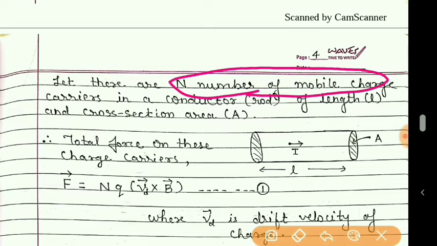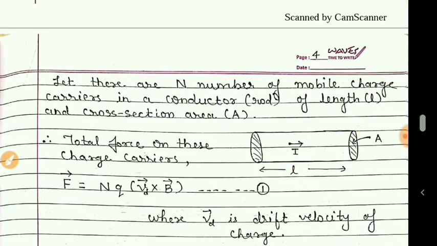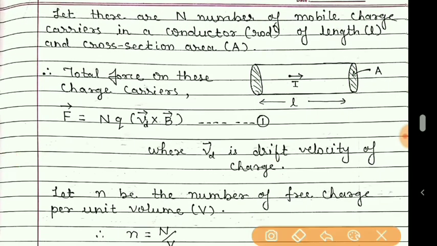We know that in a conductor there are not one or two, but many free charge particles, and the current is due to those free charge particles. So in this much part of a conductor, suppose the total number of mobile charge carriers is capital N. In that case, the total force acting on these charge particles is given by F is equal to N Q V cross B.